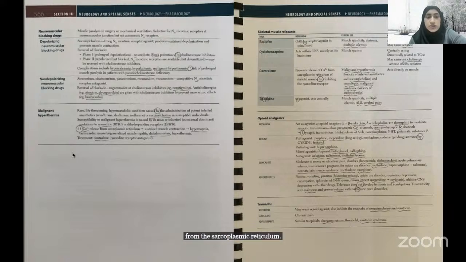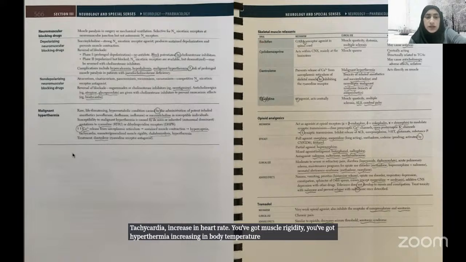The most important receptor to remember is the ryanodine receptor. Calcium increases, the muscle contractions are sustained, and as a result you get hypercapnia, tachycardia, muscle rigidity, hyperthermia, an increase in body temperature, and rhabdomyolysis.